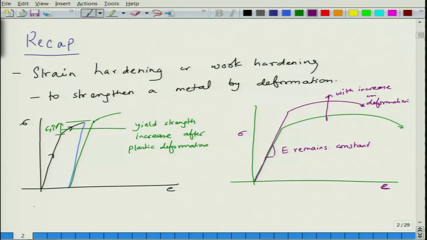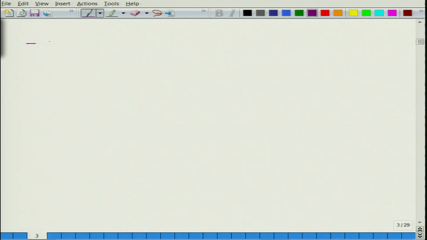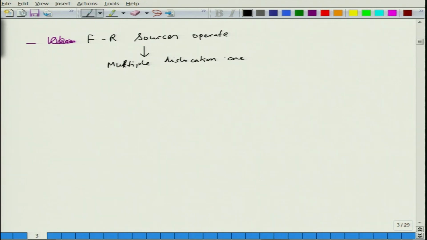Why this happens is because of dislocation interaction. There are multiple things that happen when you apply stress. Frank Read sources operate, multiple dislocations are created, and these multiple dislocations then start interacting.